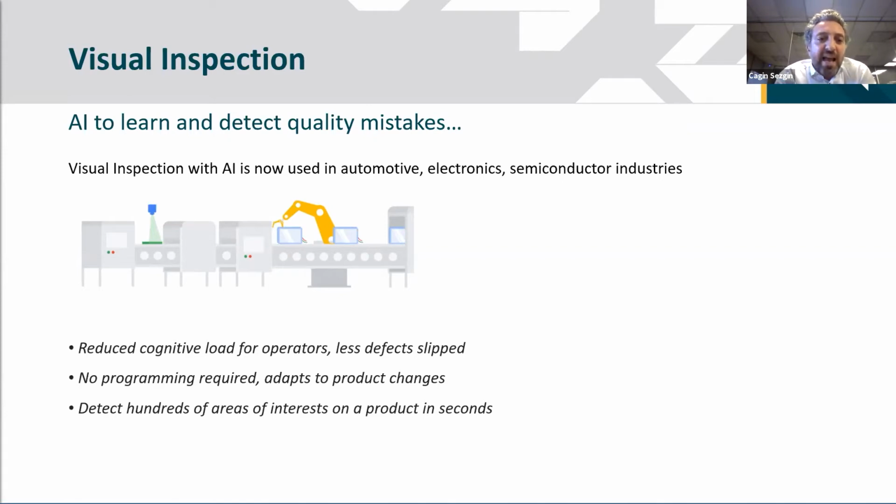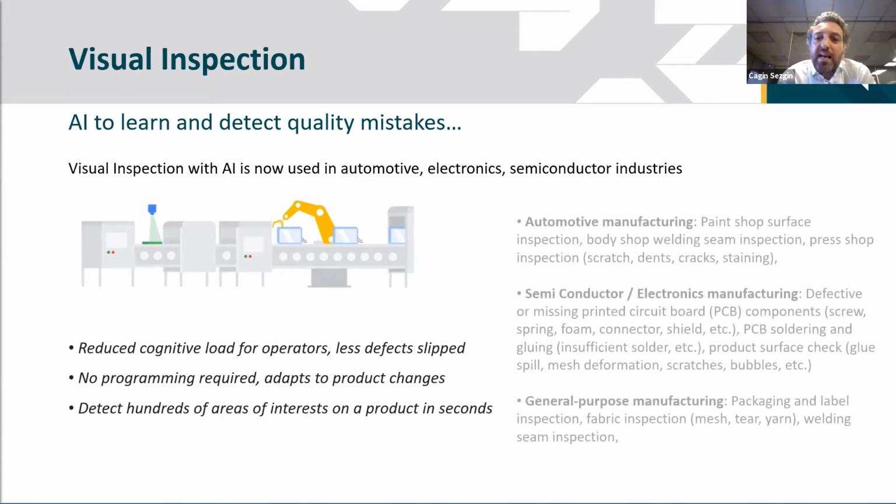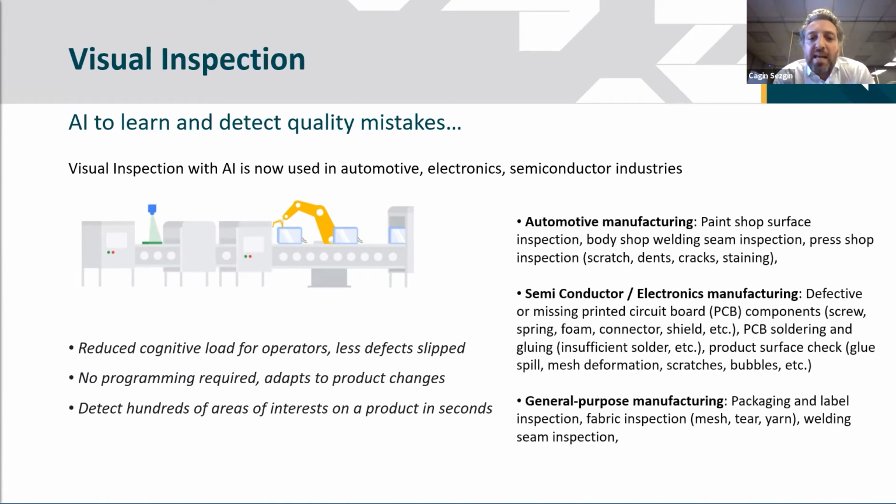So, as I said, in most manufacturing industries it is becoming more and more popular, in automotive industries, in electronics manufacturing. In the paint shop, a surface inspection, for example, or in the welding station, any missed welding points, or think about semiconductor manufacturing, a defective or missing printed circuit board.